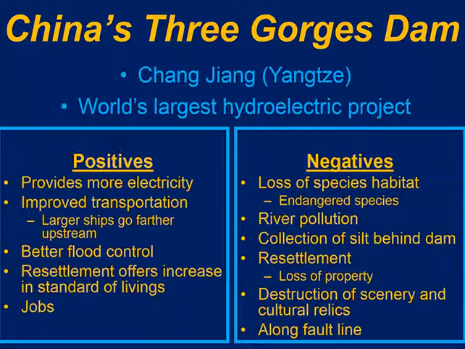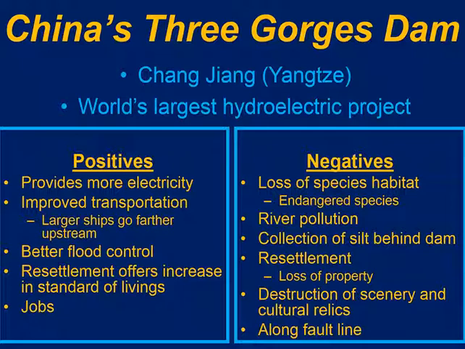Further, it's allowed ships to go further upstream. This is seen as an improvement for transportation purposes. And further, this is an area that floods quite a bit. There have been lots of flooding disasters over the history here along the Yangtze River, and so to control that would be rather useful.